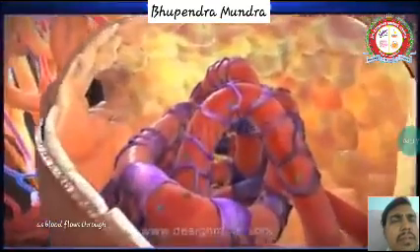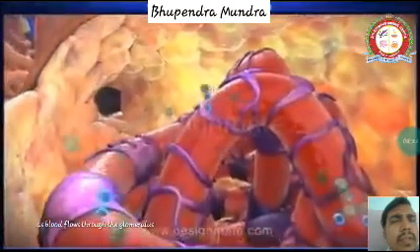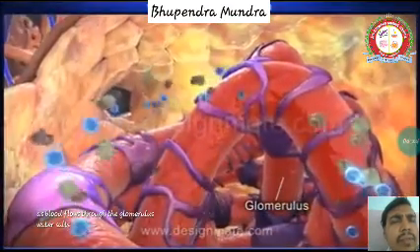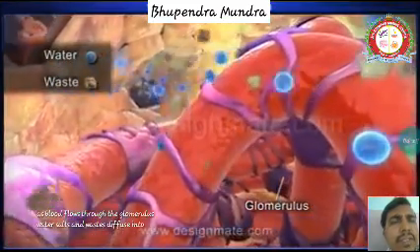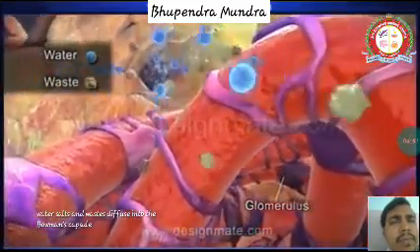As blood flows through the glomerulus, water, salts, and wastes diffuse into the Bowman's capsule.